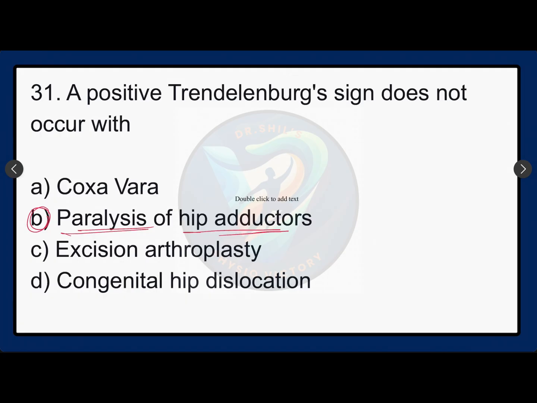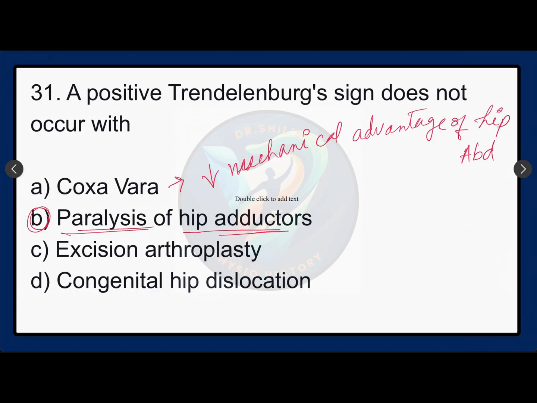Coxa vara causes positive Trendelenburg because it decreases the mechanical advantage of hip abductors.